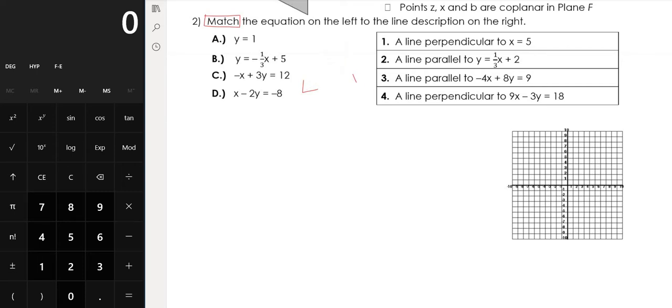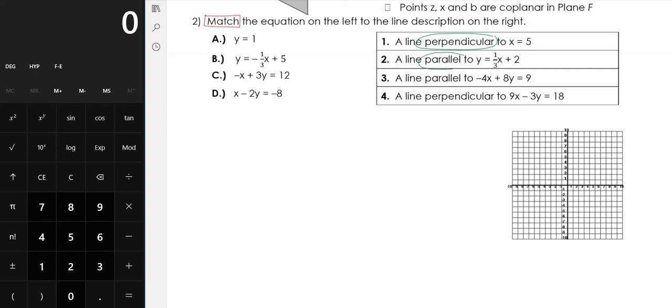Now, let's see what we're trying to match each of these lines up with. What are these descriptors on the right? First choice, we're looking at a line perpendicular to x equals 5. Okay, so they're talking about things that are perpendicular. 2, a line parallel to the equation y equals 1/3 x plus 2.